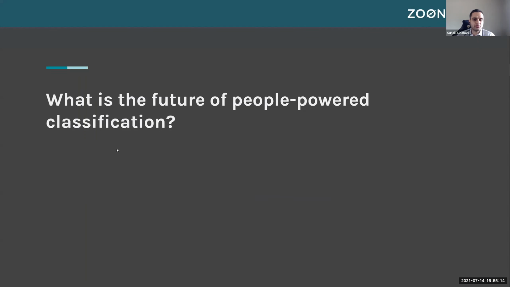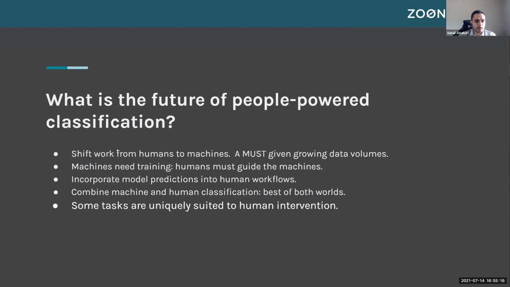So what is the future of people-powered classification? It's to shift work from humans to machines, which is a must given the growing data volumes. Machines need training, so humans must guide the machines to some extent. Also incorporating model predictions into human workflows to make it more efficient.